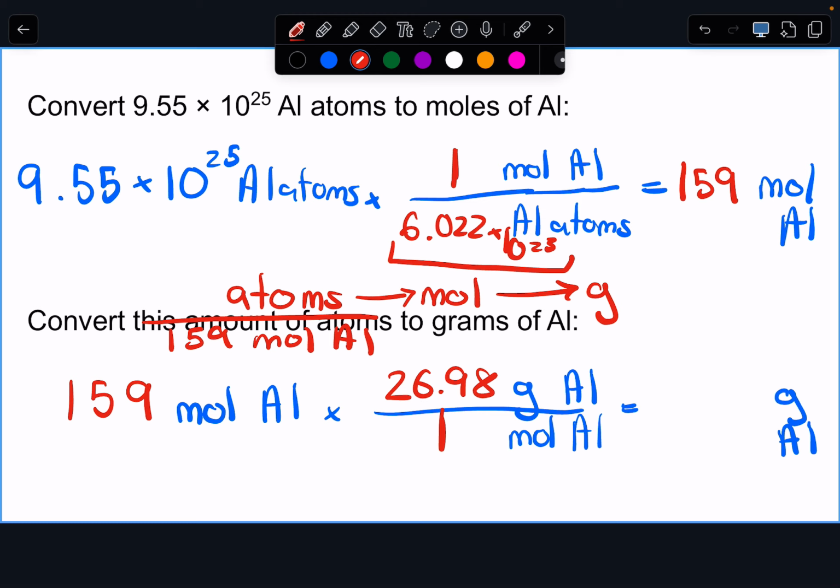If it's atoms, use Avogadro's number, the 6.022 times 10 to the 23rd. Okay, I think that comes out to like 4,000 something. 4,289. Okay, wait, 3 sig figs. So I'm going to do 4,290. And I'll make sure on Friday when we do those example problems, we're talking about sig figs the whole time too, so that we get additional practice there.